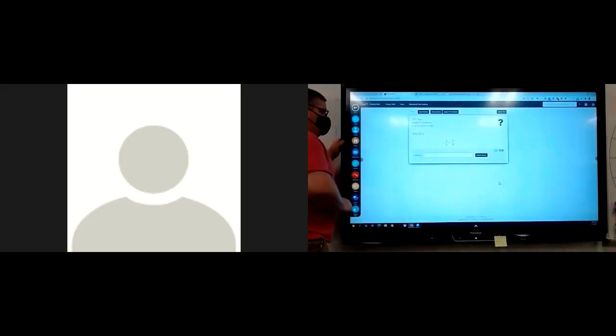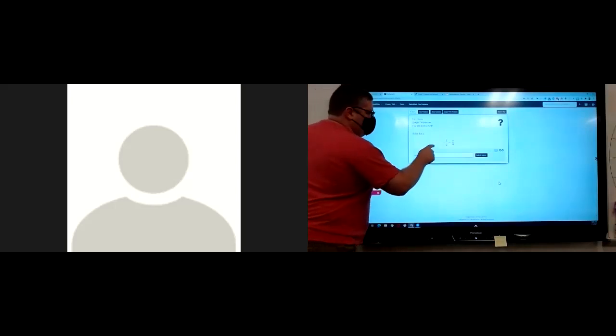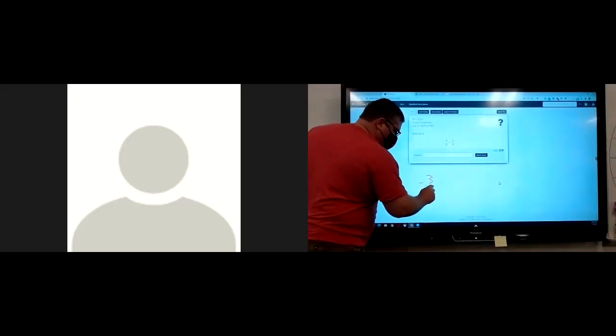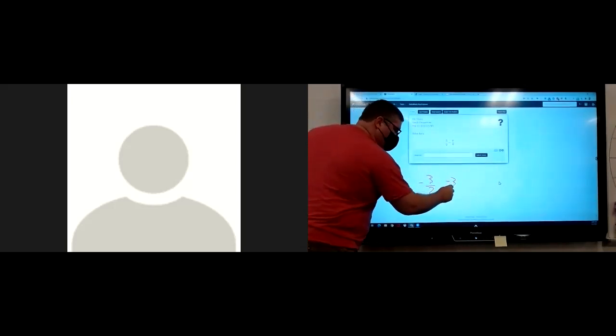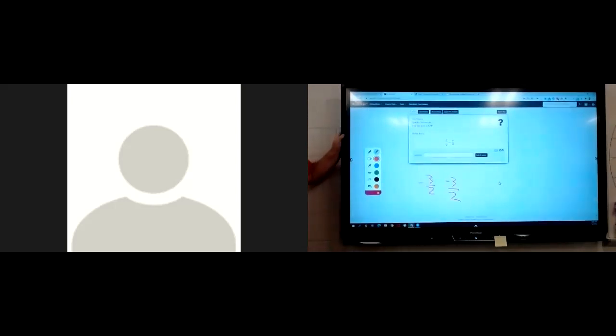Good job. The only thing that might be a little confusing here, if I have negative 3 halves, the fraction, where does the negative go? It could be this. That would be totally okay. It could be this.